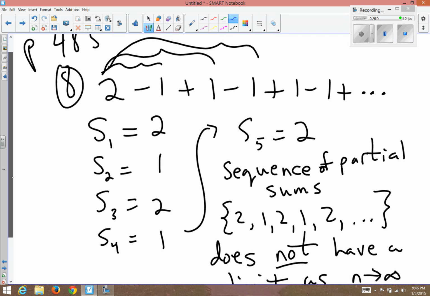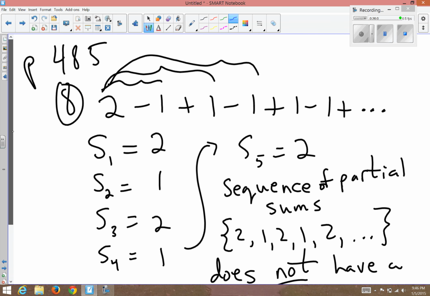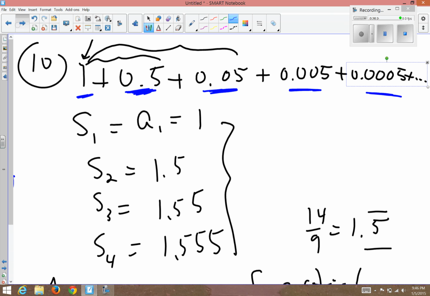Like right here, this is a series that diverges, and you wouldn't say these terms are getting closer and closer to 0. That term is 2. Okay, this is closer to 0 than that, but this isn't. This is just as close to 0 as that is. Okay, the end for now.